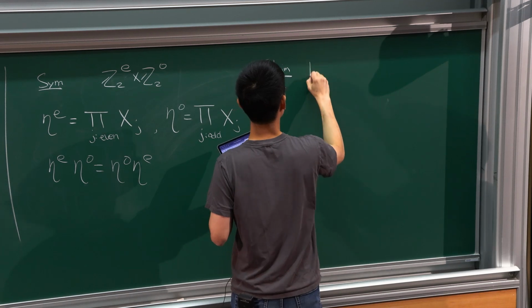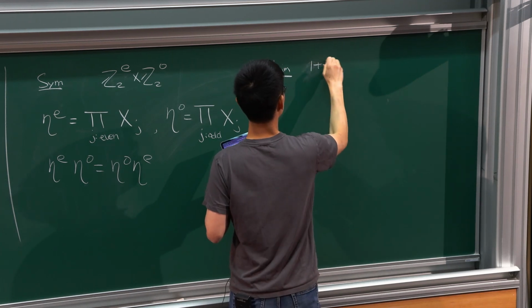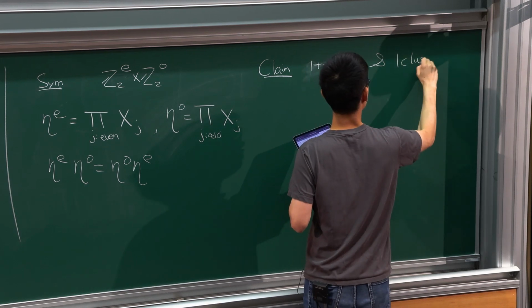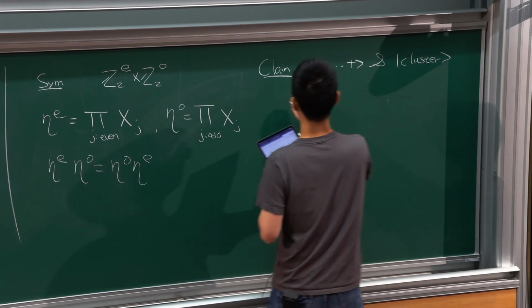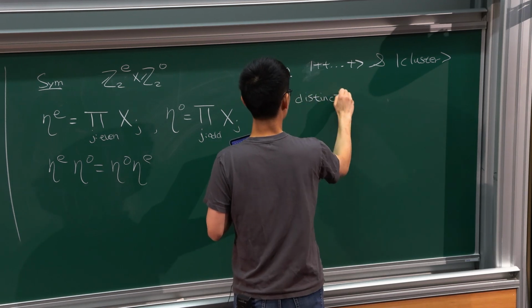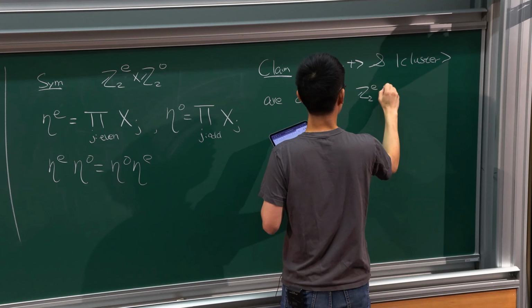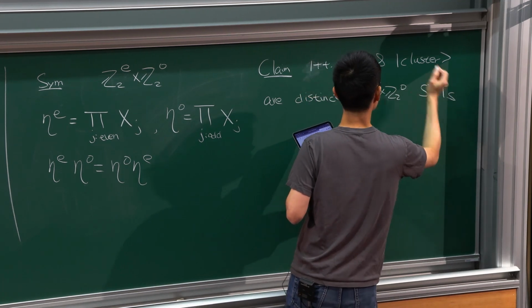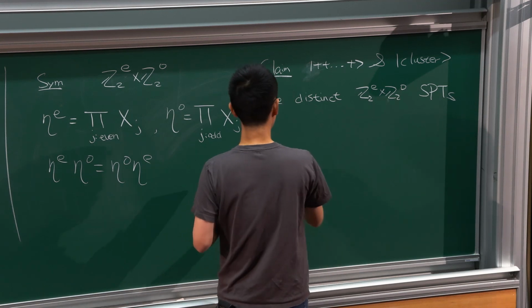The claim is that product and cluster are distinct Z2 even times Z2 odd SPTs.